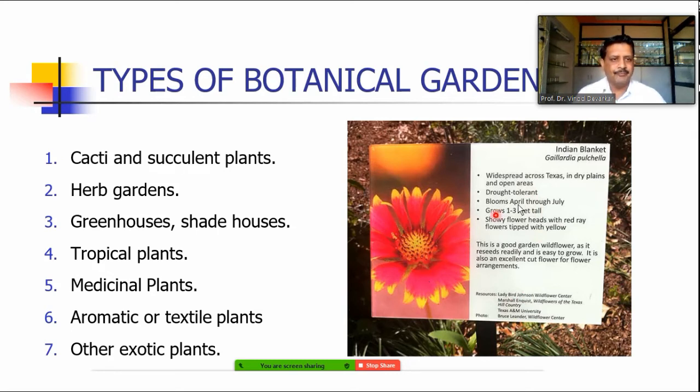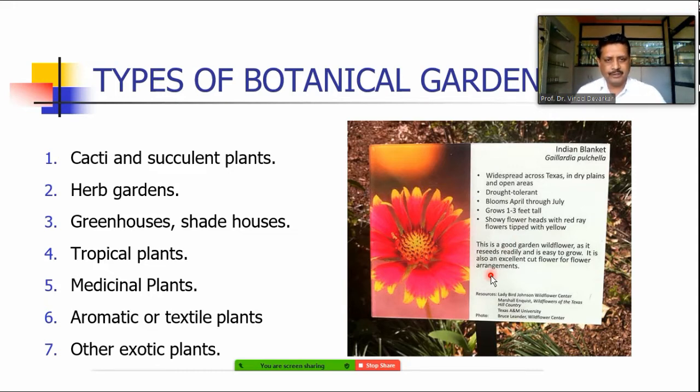Then its botanical name, Gaillardia pulchella. A short description about the habitat, and what special character it has, can also be mentioned on such labels. Such labels are also maintained there in the gardens along with the planted areas.